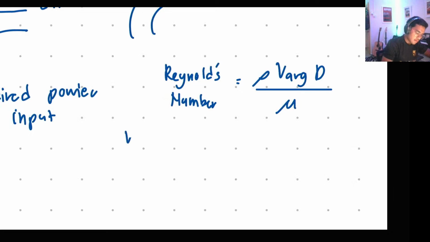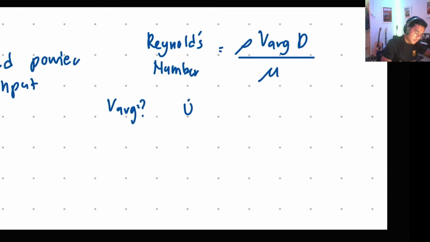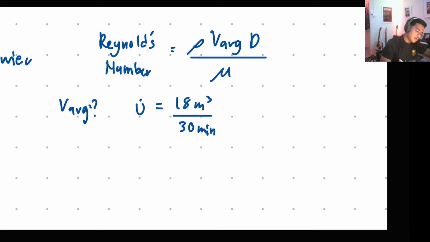We don't know V average, but we do know the flow rate, which is 18 meter cube over 30 minutes. 30 minutes equals 1800 seconds.